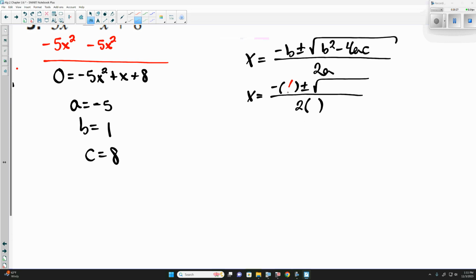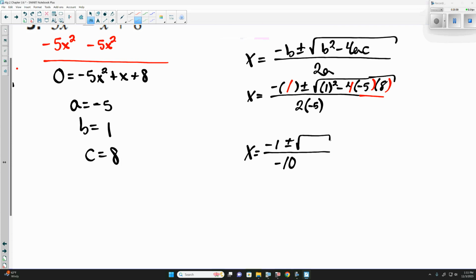Well, our b value in this case is 1. So we have negative 1 plus or minus 1 squared minus 4 times a, which is negative 5, times c, which is 8, all over 2 times negative 5. Now our negative b is negative 1. 2 times negative 5 is negative 10.